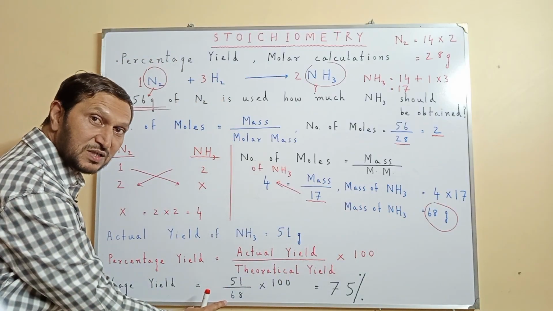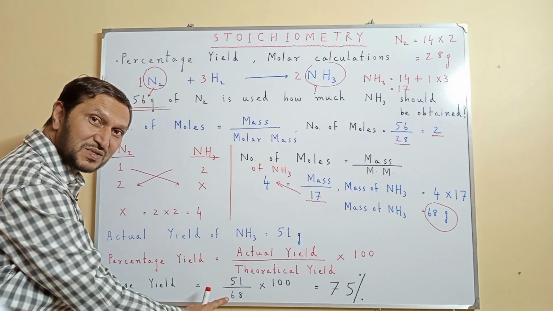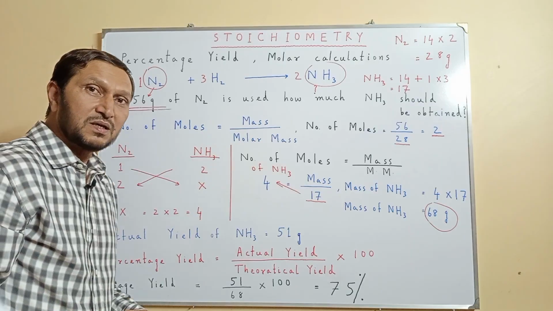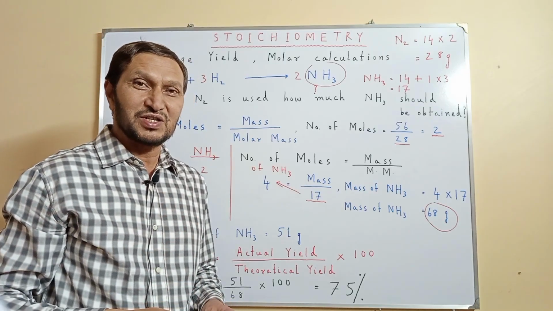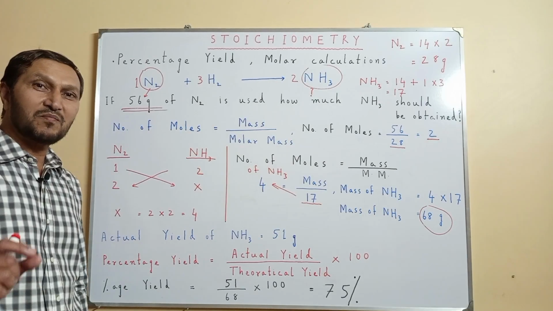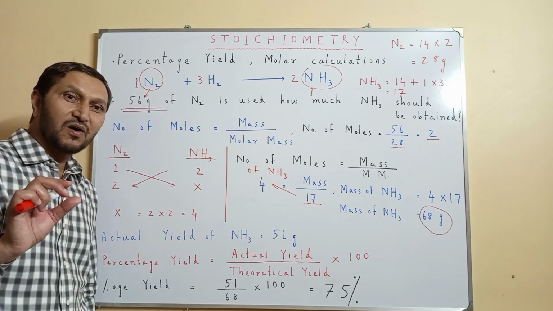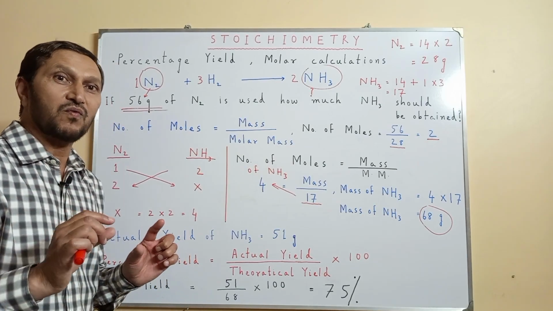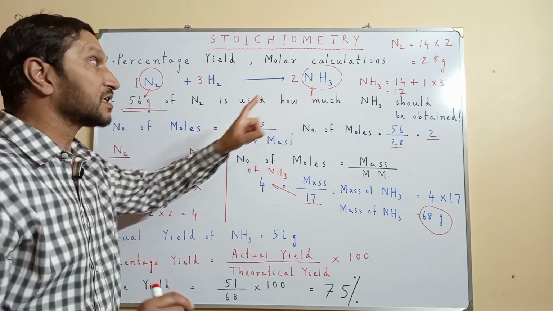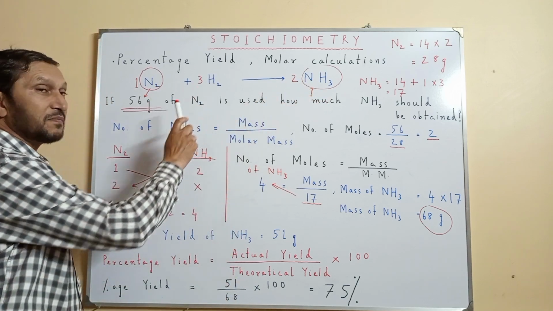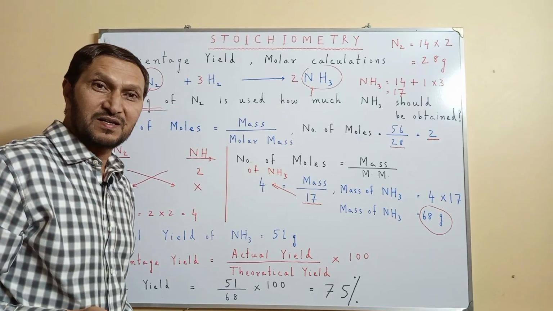So our theory says it is 68 grams, but it never happens. We do not get 100% results. All of the reactants will not react to form complete product. Some of the reactants will remain unreacted.